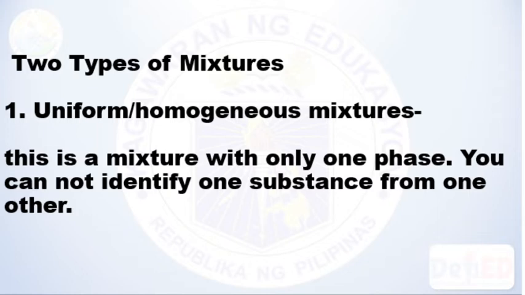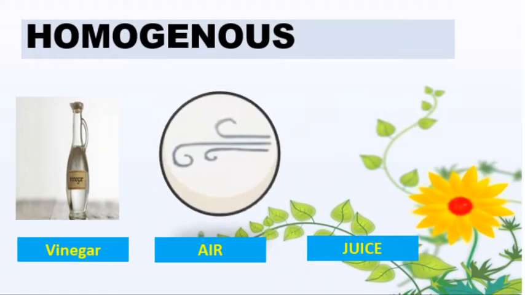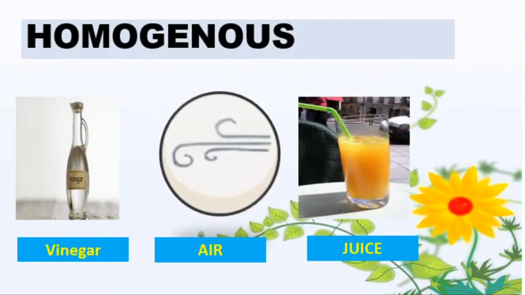Sugar and water is homogeneous since you only see a colorless liquid in the mixture. Now, here are some other examples of homogeneous mixtures. Vinegar. Most of the vinegars you buy in supermarkets are homogeneous. The water dissolves in acetic acid.